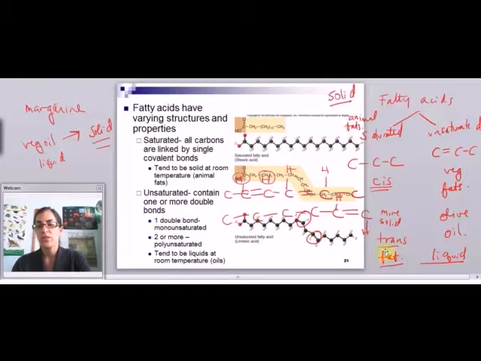And what they eventually realized was that this trans fat is actually really bad for you. So trans fat, having these double bonds on the opposite sides, does not normally occur in nature and is actually really bad for us. And so that's why there's been a movement to change the way that they make these products so that they don't make trans fat.